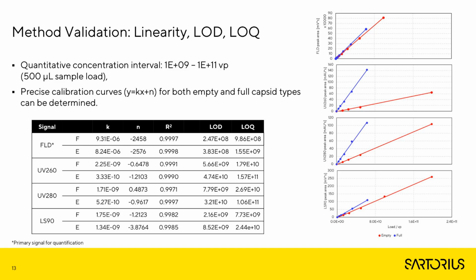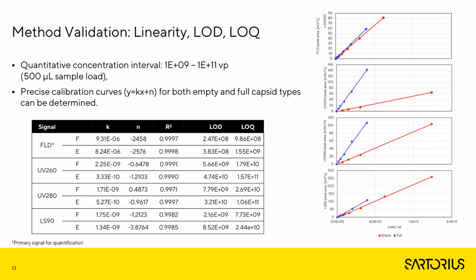As we observe from these calibration curves, they differ between the detectors, and also between the full and empty capsids. The biggest difference between these calibration curves, or slopes of calibration curves, is on the UV 260 and 280 detector, and also on the light scattering detector.